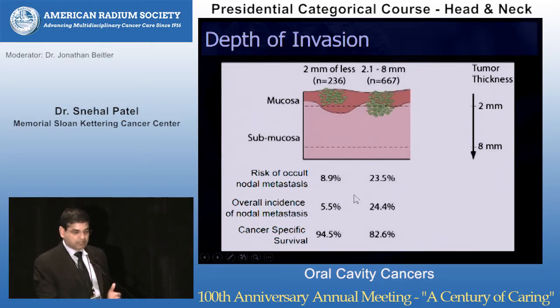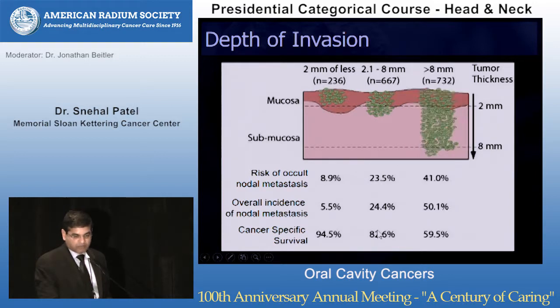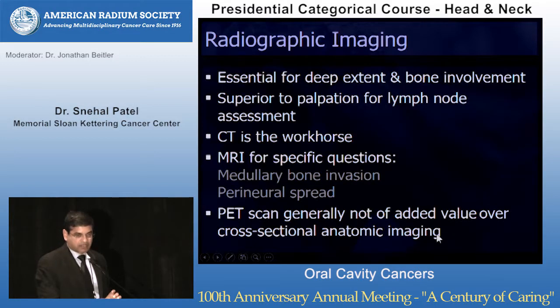As the tumor depth increases or the tumor thickness increases, the risk of nodal metastasis increases, and consequently survival drops, and so that for the thicker tumors that are more than 8 millimeters or a centimeter thick, the risk of nodal metastasis is almost 50%, and therefore survival drops. So that's something that's very, very important to factor into the treatment plan, and that's where radiology comes in.